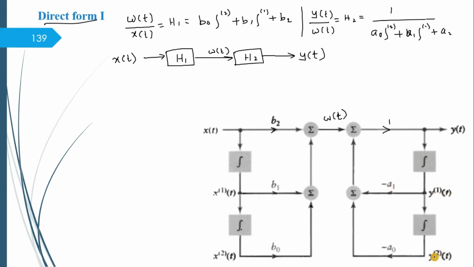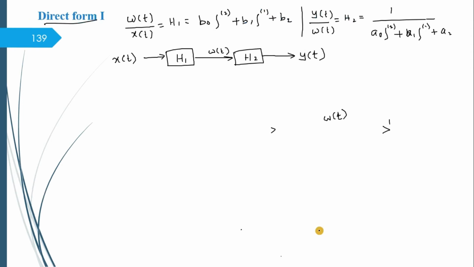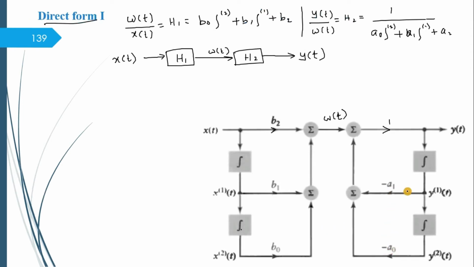The integration twice, constant multiplied is minus a naught. You can just cross check. Sum it and put it here. So that gives you the direct form 1 of continuous time system.